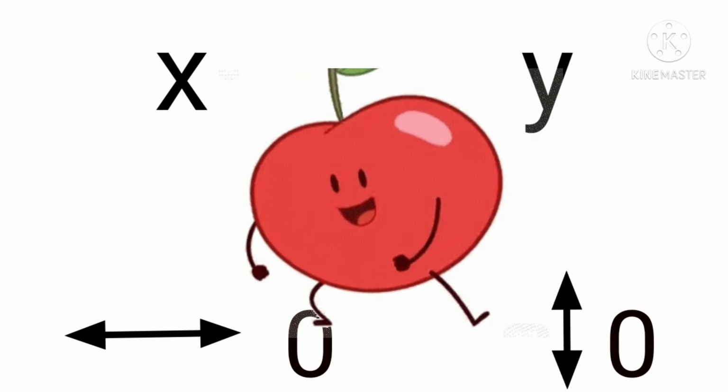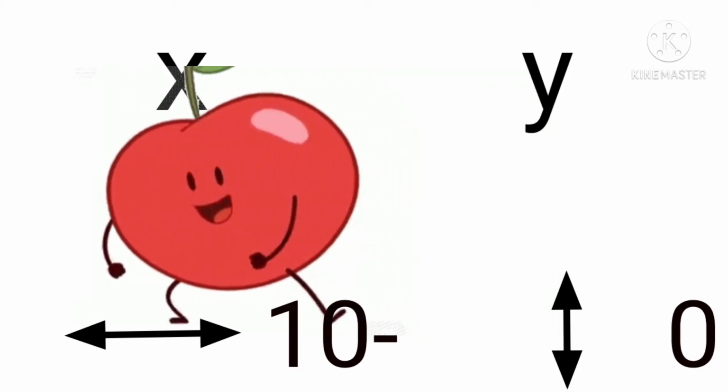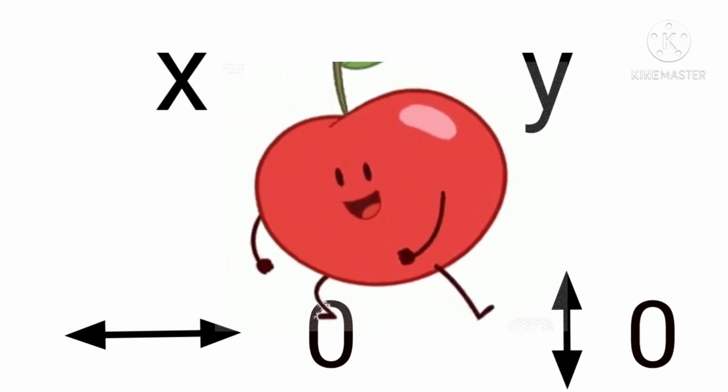Let me make this apple go to the left. What happened? This changed the X to a negative number. Now let me make the apple go to the right. Now it changed this to 0.